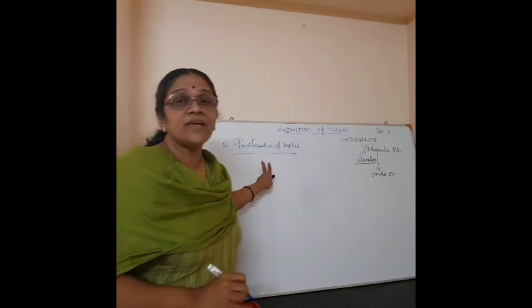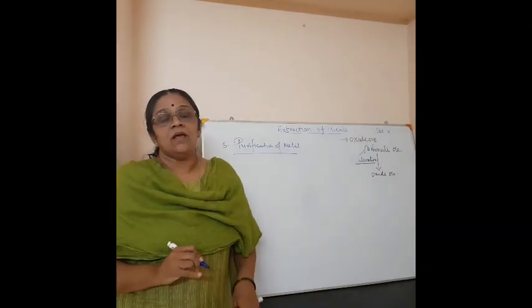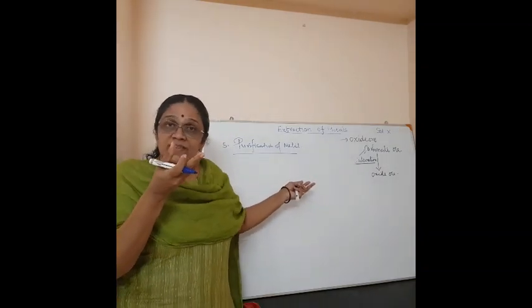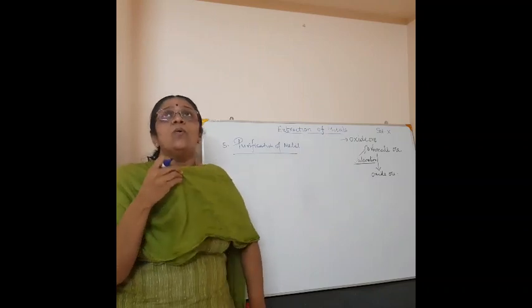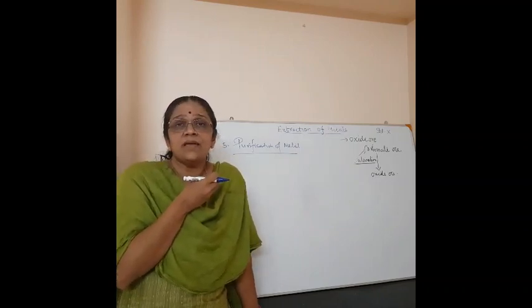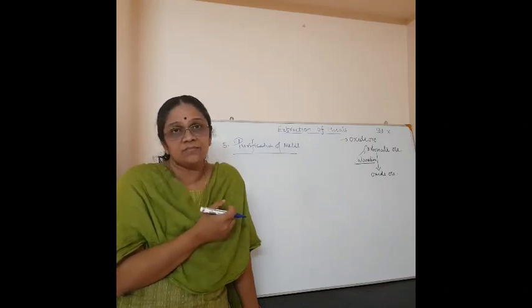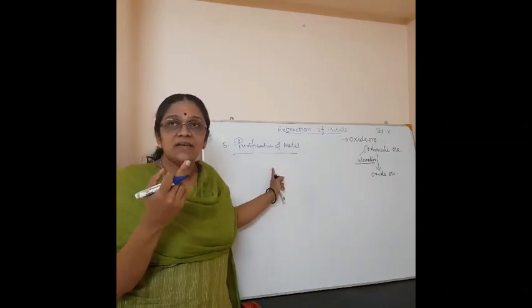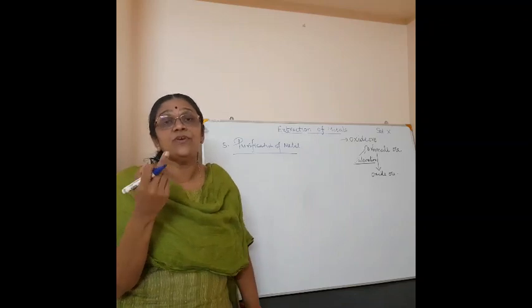How will you purify this metal? Now you have got this metal. Okay. Now normally the purification is done electrolytically. This step you have already studied in 8th standard or something.